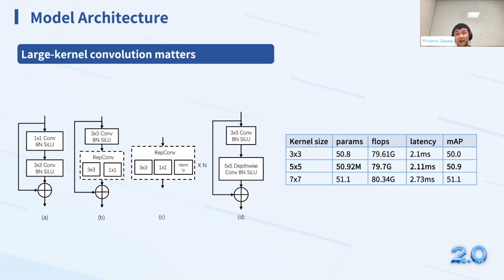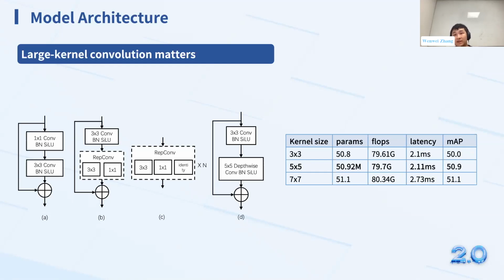kernel convolutions actually play an essential role in the design of the basic building blocks. As you can see, figures A to C are basic building blocks in previous YOLO series models. And in RTMDet, we explore a new direction by using large kernel convolutions.